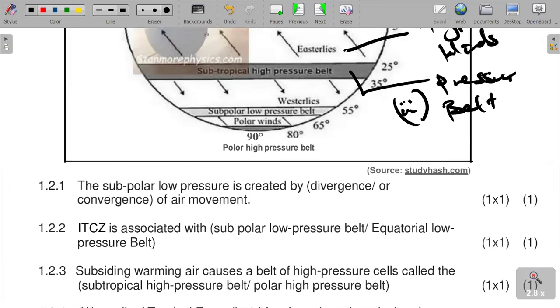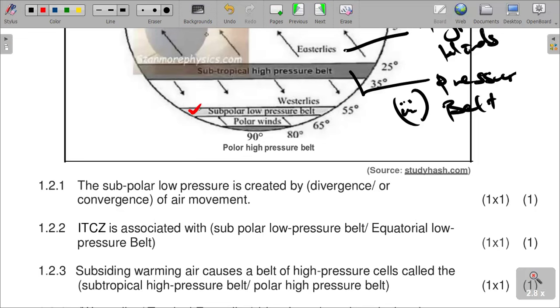We are given: the subpolar low pressure is created by dash of the air movement. The subpolar low pressure, as you can see, is between 55 and 65 degrees latitude.